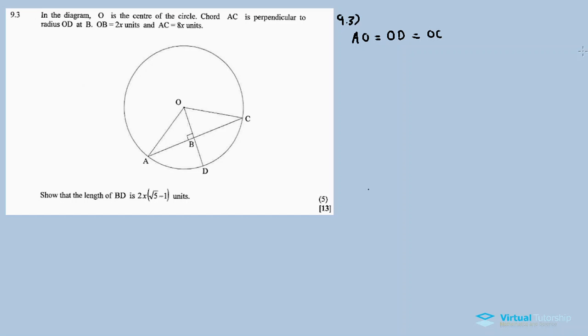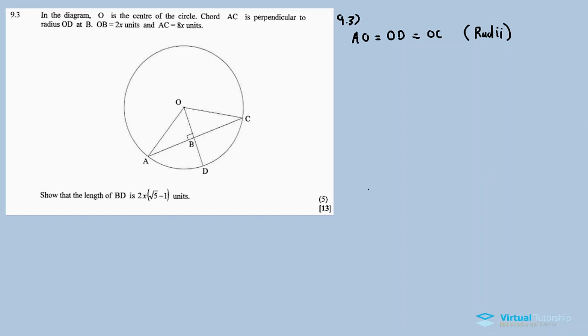I'm not asking you, I'm telling you that AO is equal to OD and is equal to OC. Why? It's because of radius law. Any line from the center to the circumference is a radius. So this is going to be important when we do our calculations here, right?